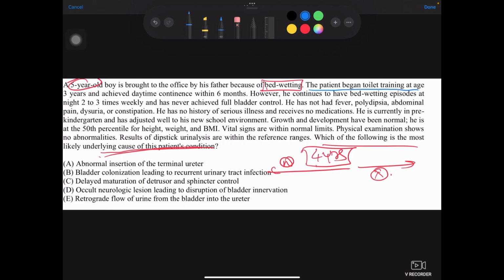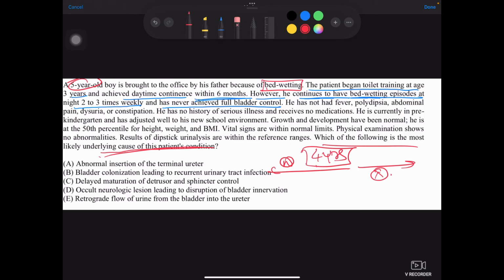The patient began toilet training at age 3 and achieved daytime continence within 6 months. That's good. However, he continues to have bedwetting episodes at night 2 to 3 times weekly and has never achieved full bladder control.